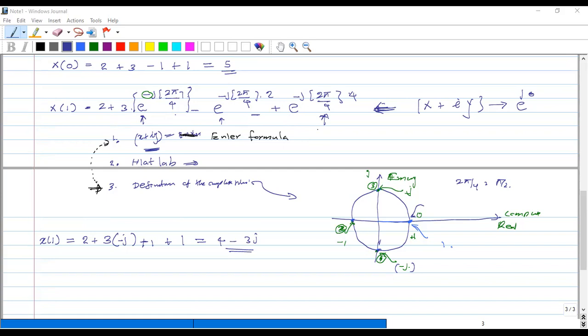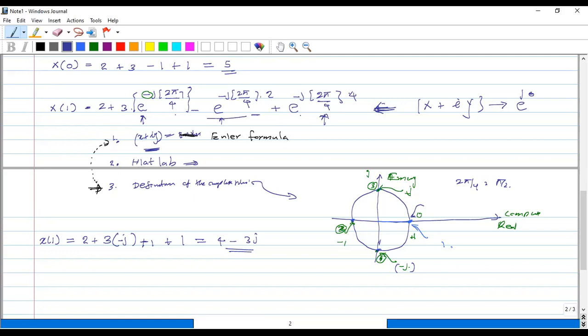Then we have to type this one, that is minus, minus 2π by 4 times 2. So I will put 2 here. This term I have written.